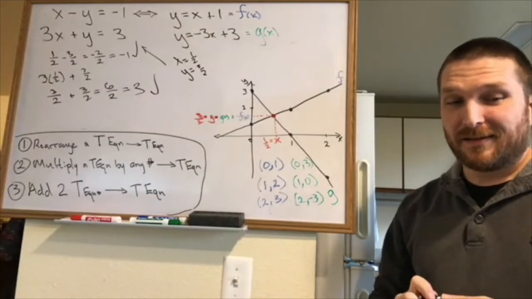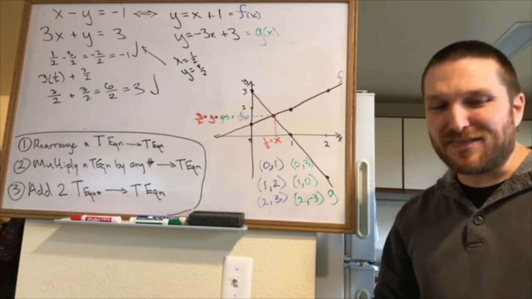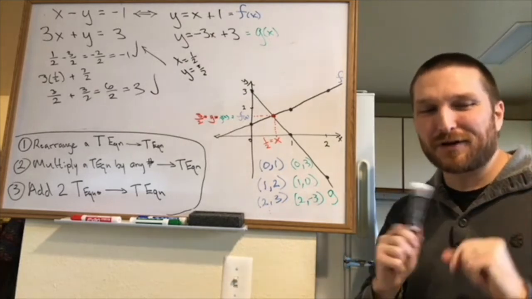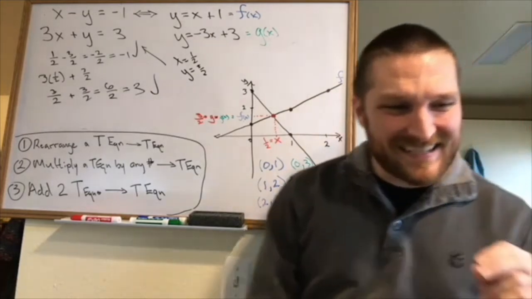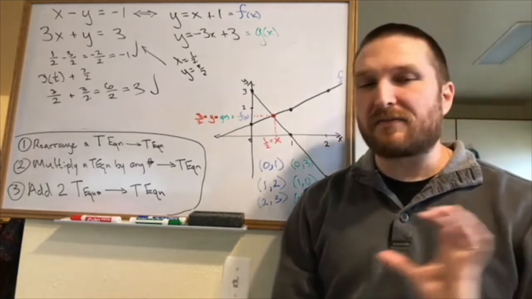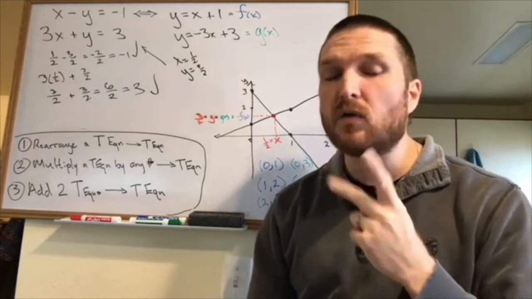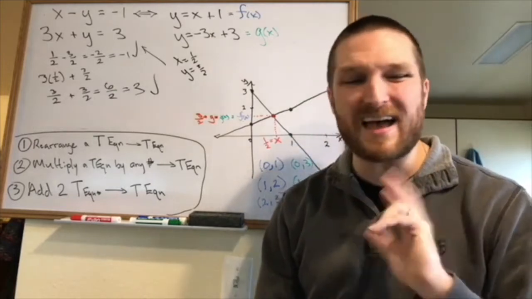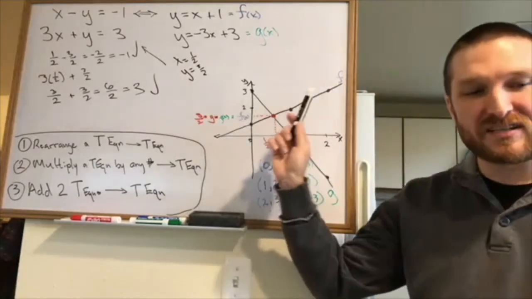Now, it sounds like, okay, I think I have an idea of what we're going to be doing now. No, you don't, because unfortunately, if the only thing we ever cared about were systems of two equations with two unknown variables, I would say do this every time.